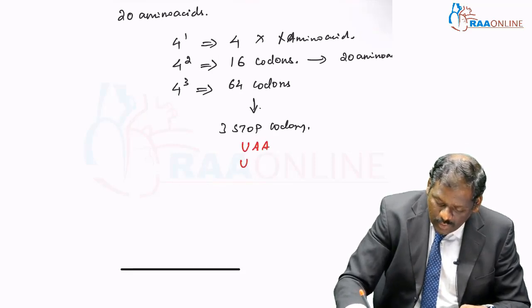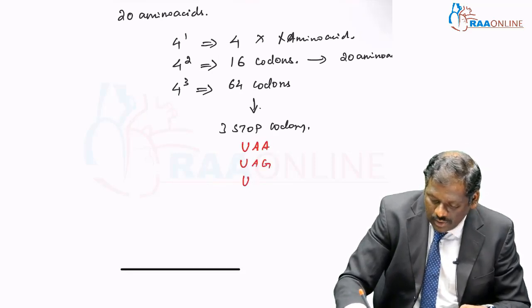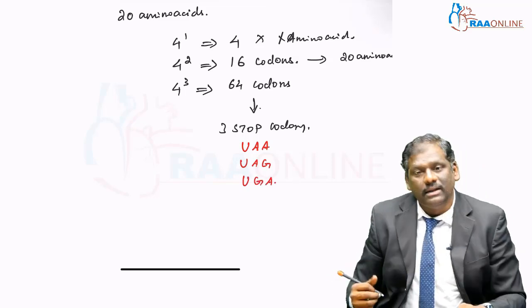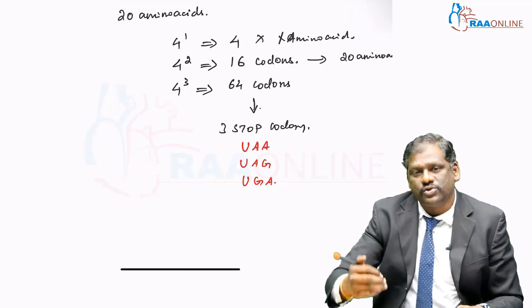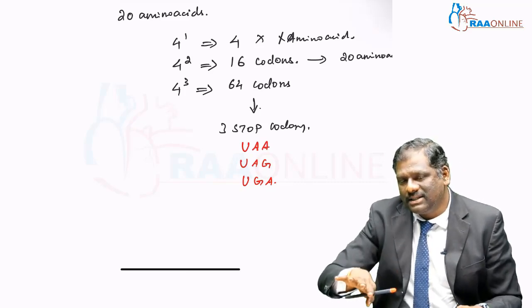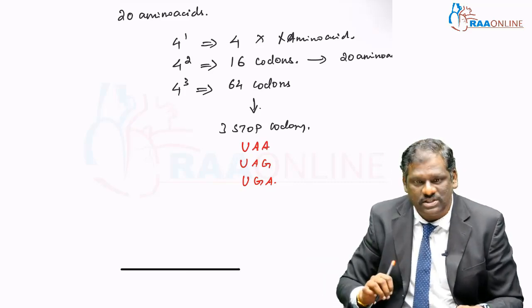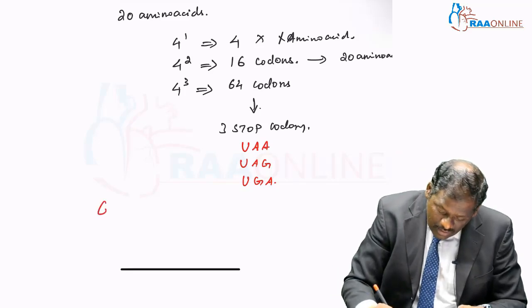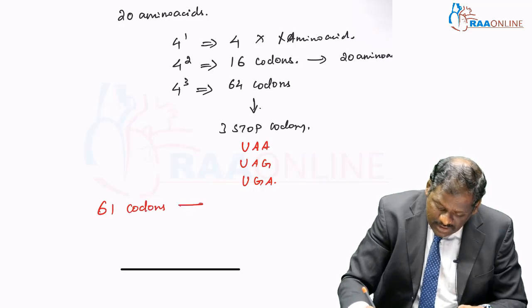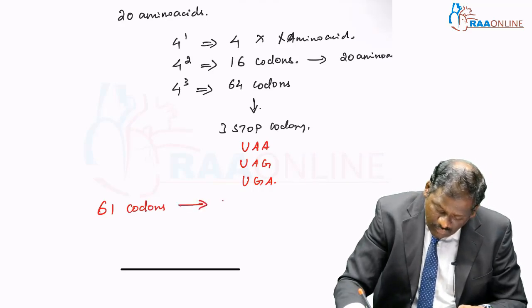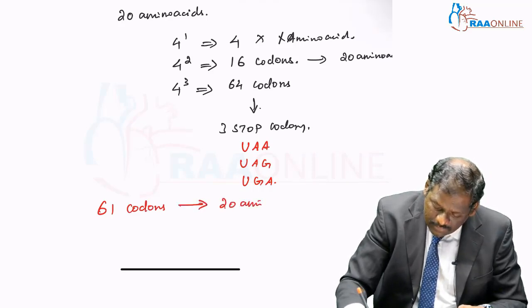UAA, UAG and UGA. These 3 are called stop codons. So if you subtract these 3 stop codons from those 64 codons, then you have 61 codons which can potentially code for 20 amino acids only.